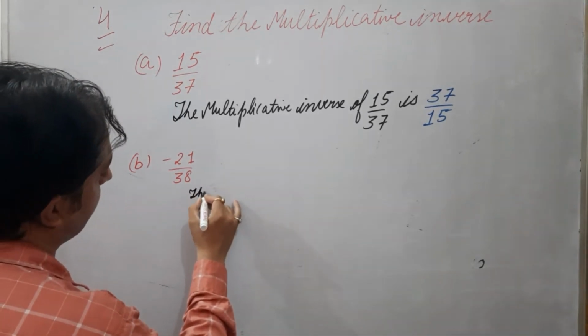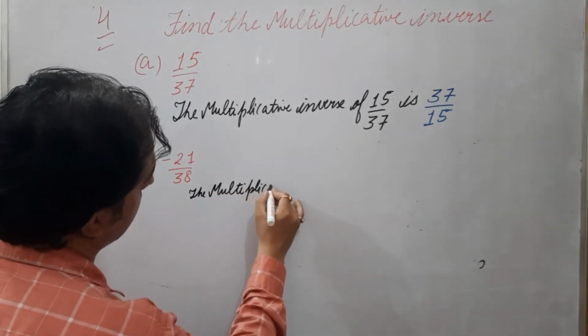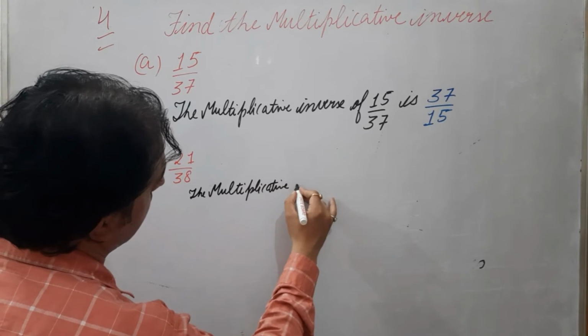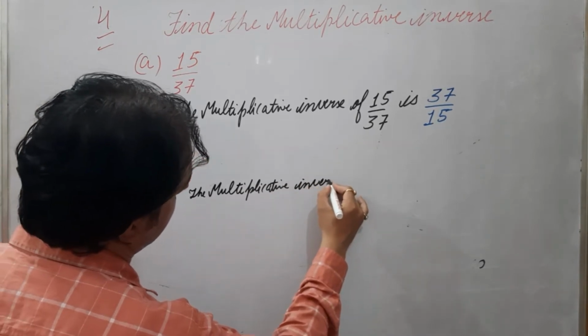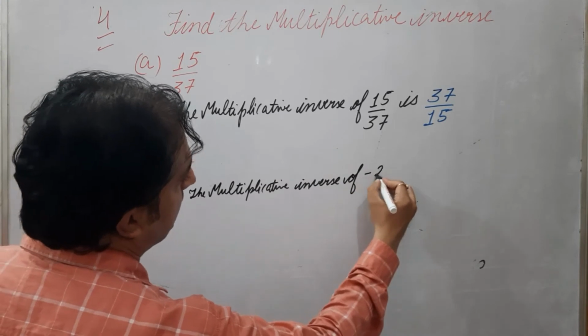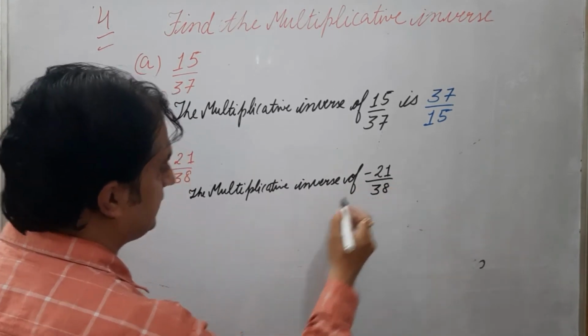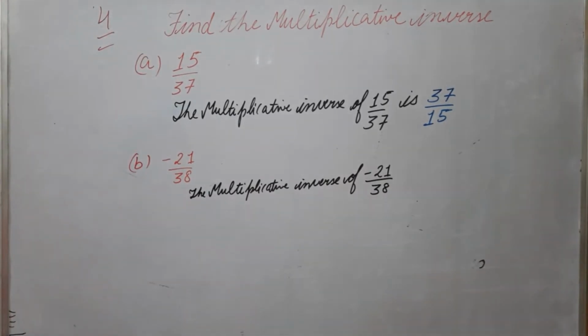A multiplicative inverse of the given rational number, that is negative rational number. So whether it's a positive rational number or negative rational number, you simply interchange the numerator and the denominators.